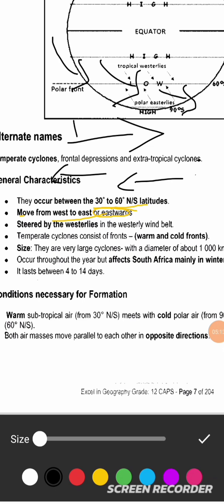But this one is a mid-latitude cyclone, this one is a tropical cyclone. Right, so let's move.